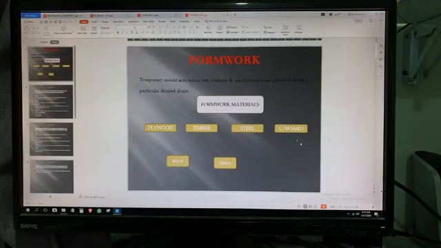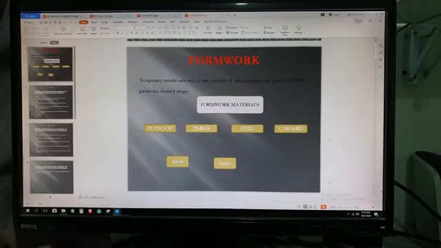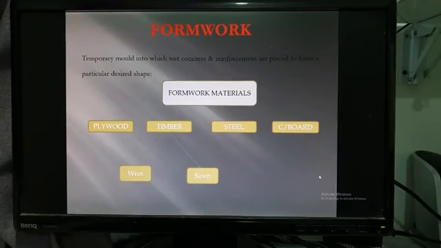In terms of formwork, there's not much to say, but formwork is basically a temporary mold in which wet concrete and reinforcement are placed to form a particular desired shape. So this formwork is a temporary work which we will take off when the concrete has been properly cured.